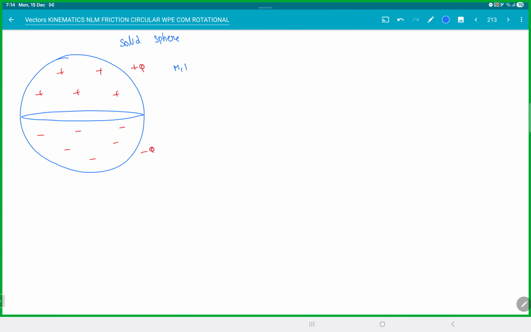Mass m, radius r, no slipping. Then you suddenly switch on an electric field E. I can ask you a lot of things, find omega as function of the angle rotated and all that stuff. Find acceleration of center of mass. Same question I can ask in another way.